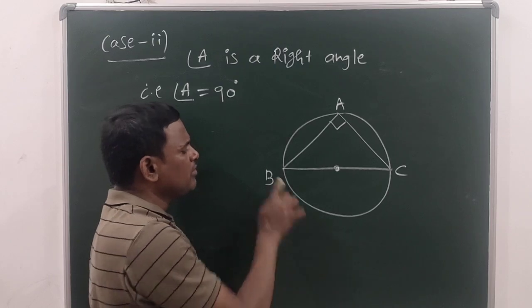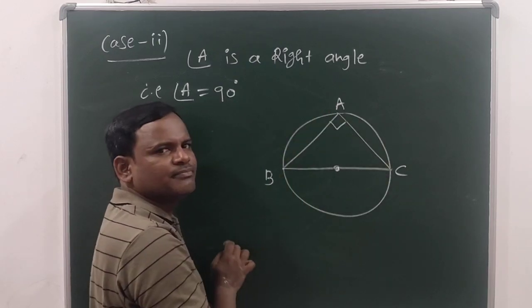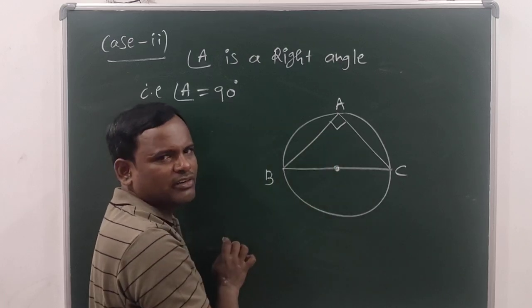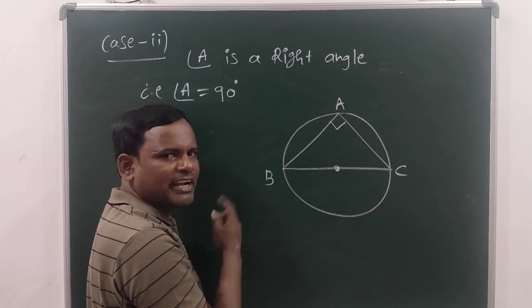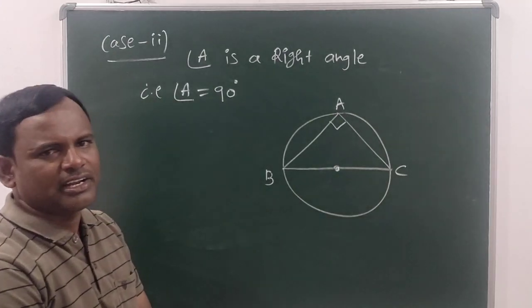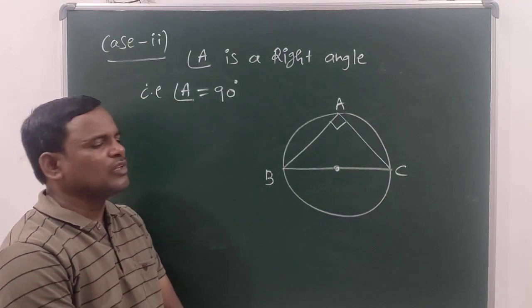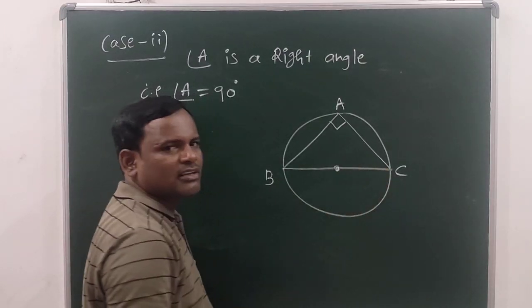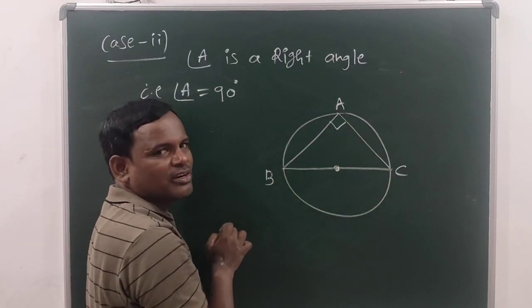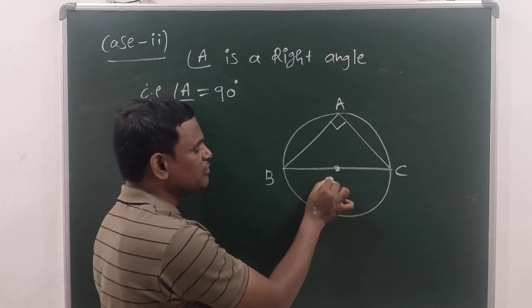Now angle A is 90 degrees, hence BAC is a right angle triangle. Now BC is called what? Diameter of this circle, no? Diameter of this circumcircle, as we know.